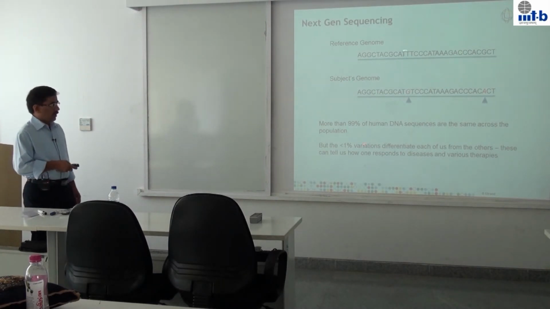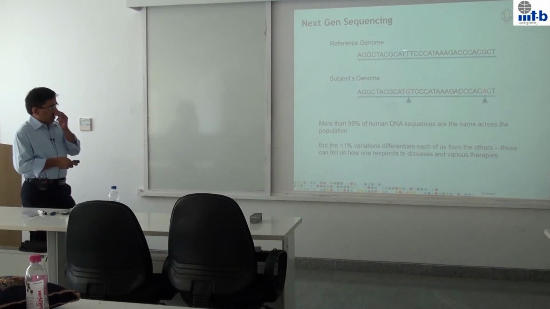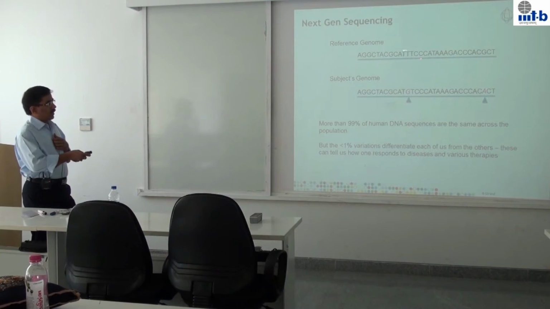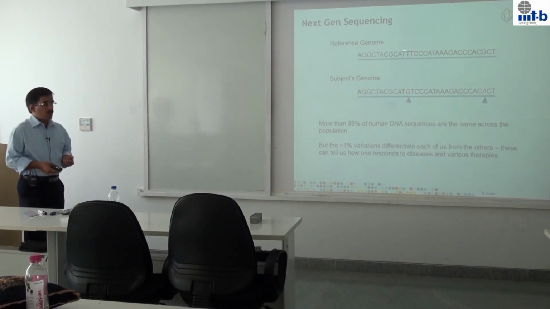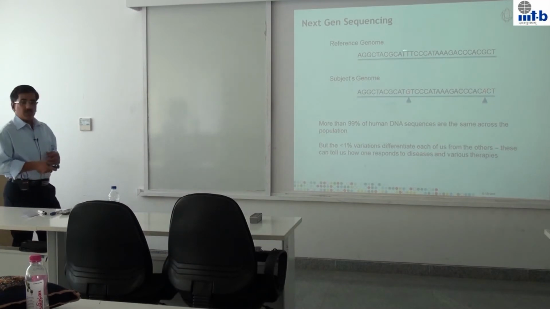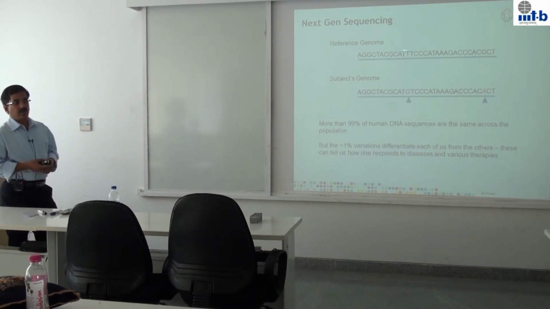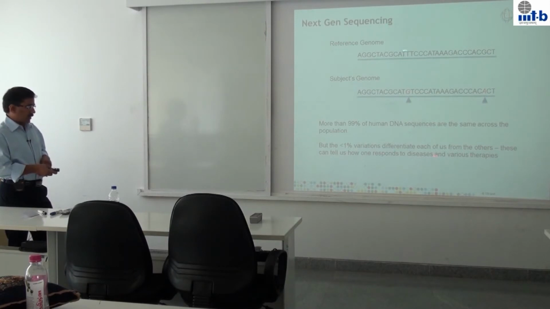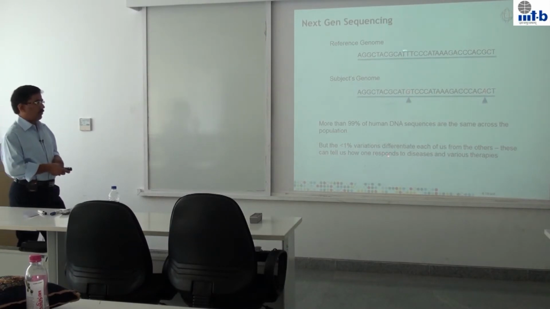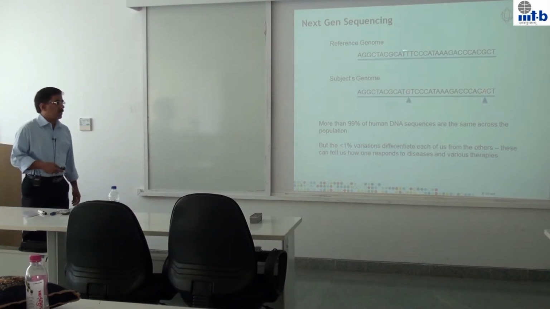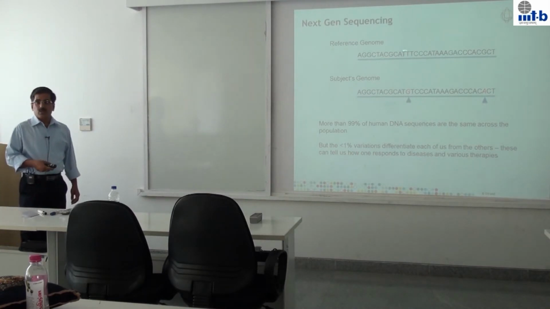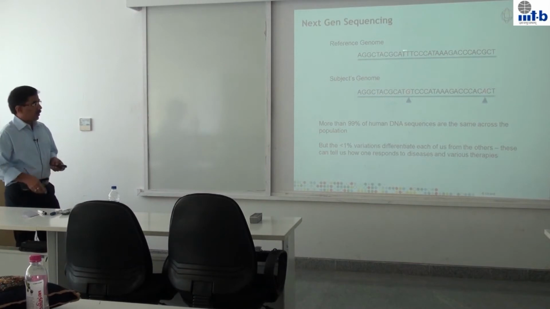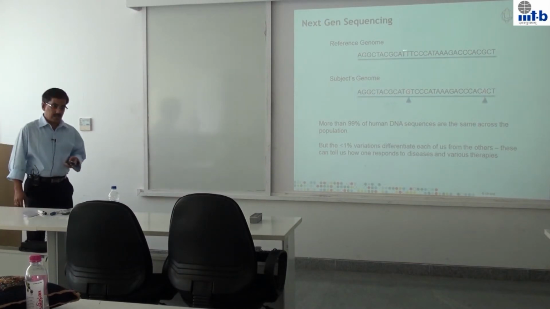More than 99% of the human DNA is common, and the remaining 1% or even less, where you see the differences between different human beings, is what makes us unique. These differences can tell us about how one responds to diseases and other therapies. This is what makes NGS important from the point of view of clinical diagnostics as well.